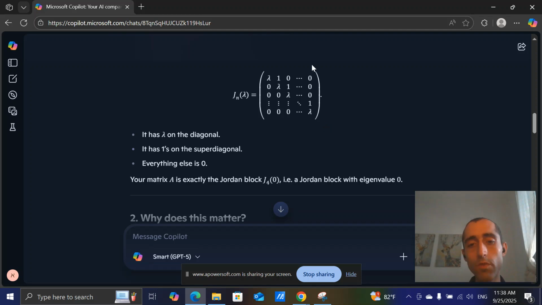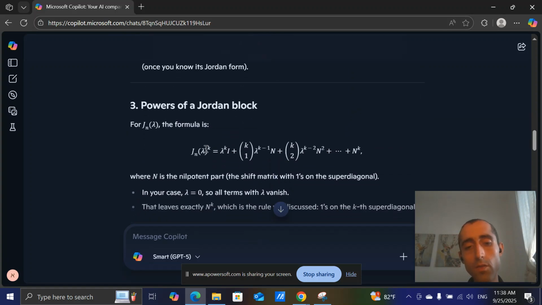Jordan form, or Jordan block if you want, has eigenvalues on the diagonal, and on the superdiagonal we have ones or zeros, depending on the size of the block. You can look at the Jordan form as the formula lambda I plus a nilpotent matrix. And when lambda is 0, as in our case of a shift matrix, you will only be left with the nilpotent part of the Jordan form.